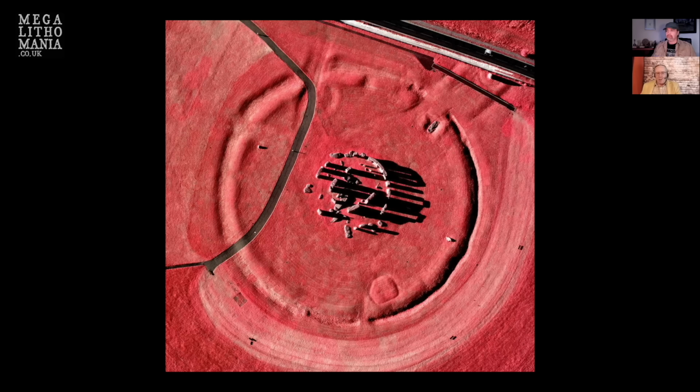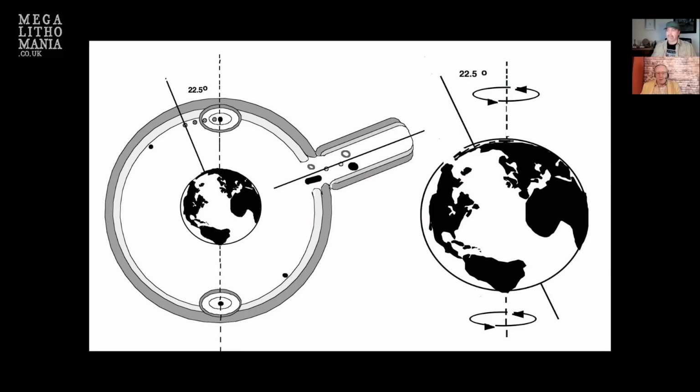So if we go on to the image of Stonehenge and the Earth together, on the right-hand side we have the real Earth, and the Earth precesses like a gyroscope, and it forms a circle to the north and to the south of the axis of the Earth. You can see the circles I've drawn in there on the right-hand side.